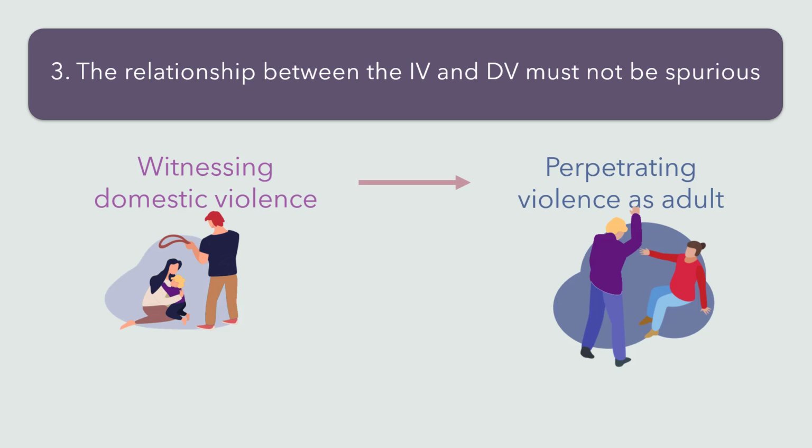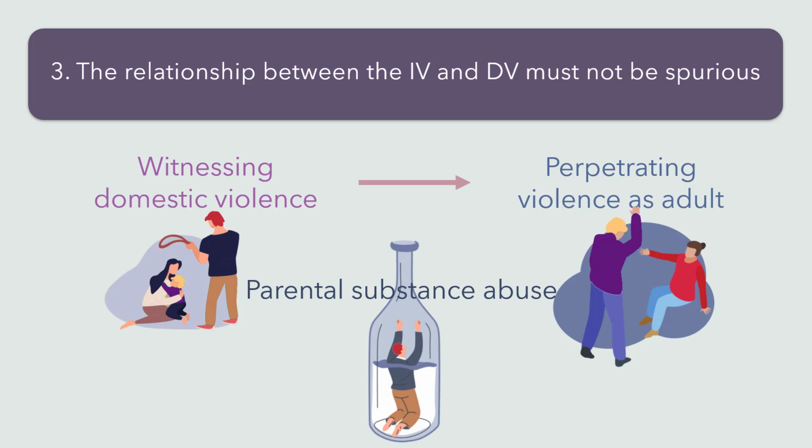Okay, now let's say when we're collecting all of the information from people, we ask about parental substance abuse. And when I say parental substance abuse, I mean the child's parent.